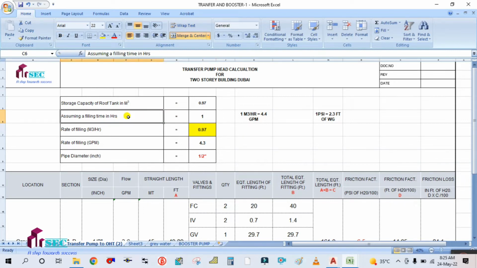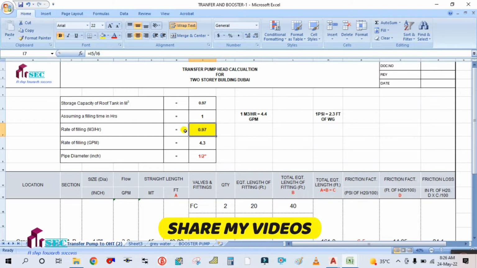Assume a filling time of 1 hour. You need to assume how much time you require to fill the tank. So I am assuming 1 hour my tank is going to be filled. The rate of filling is cubic meter per hour. That means the cubic meter, whatever the size of the tank, divided by hours. For example, if I consider 2 hours, I have to divide by 2.